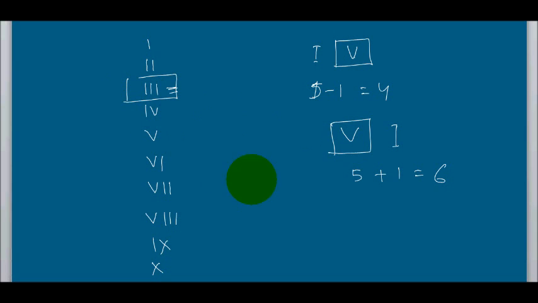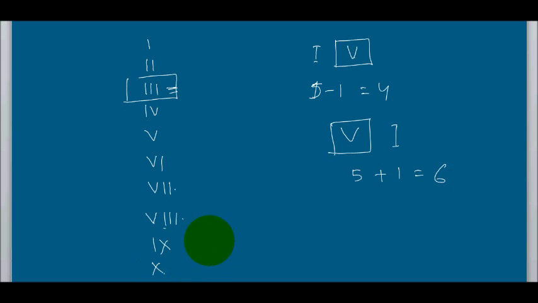Here you can see 6, 7, 8; now 1 has been repeated 3 times. After that we cannot repeat it to write 9, even though 5 plus 4 can become 9. We have not written it like this. What we did, we subtracted 1 from 10.